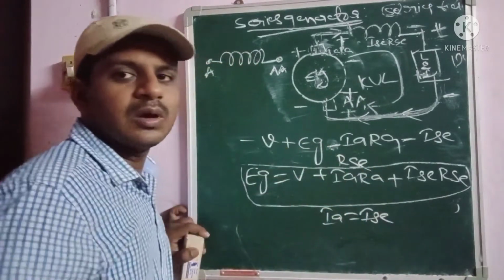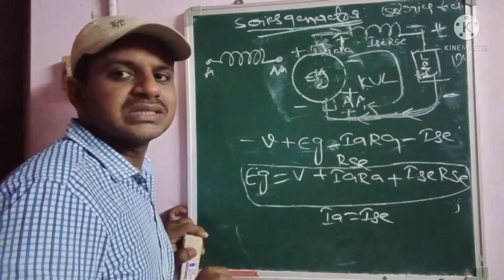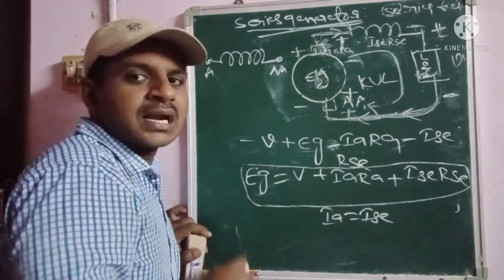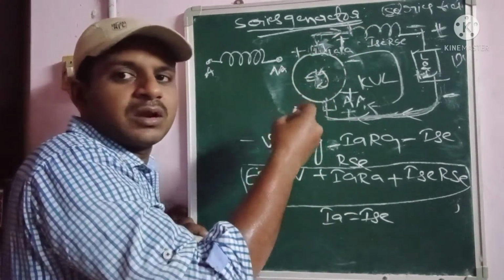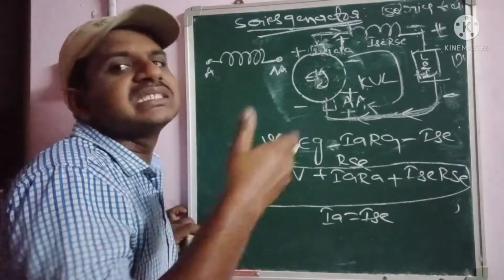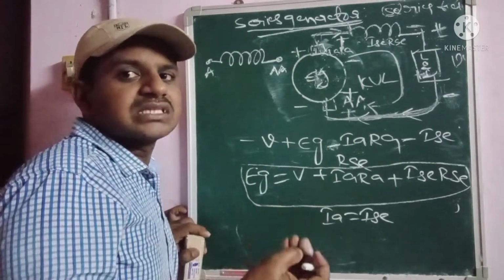Why? Because both the armature winding as well as the field winding carry current in series, so the same current flows through all the windings in a series winding.